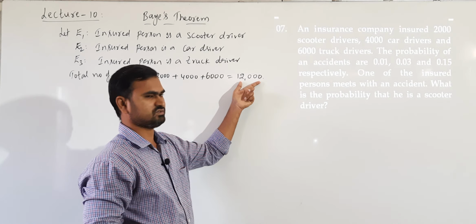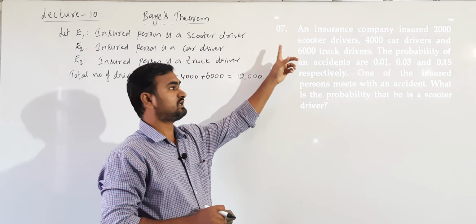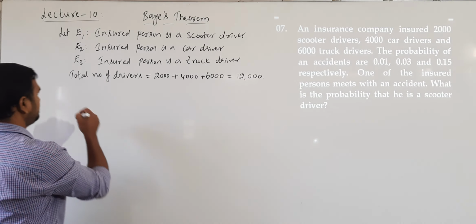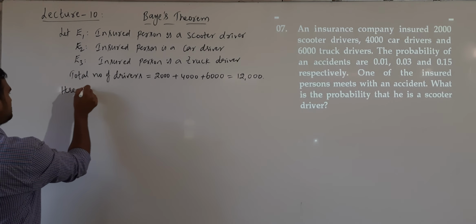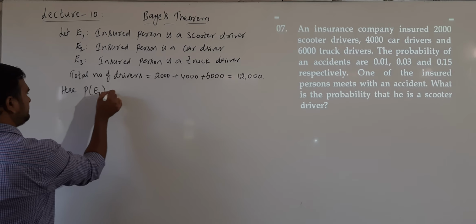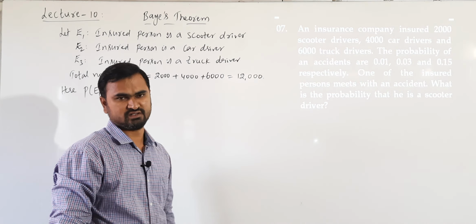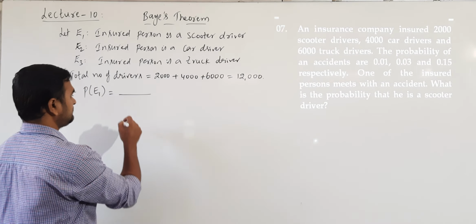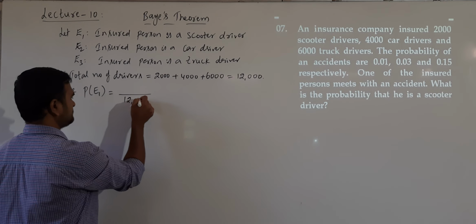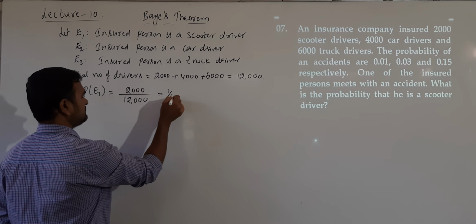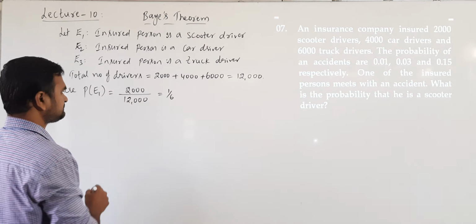Total is 12,000, and 2,000 are scooter drivers. So the probability that the insured person is a scooter driver, P of E1, is 2,000 out of 12,000, so it is 1 by 6.